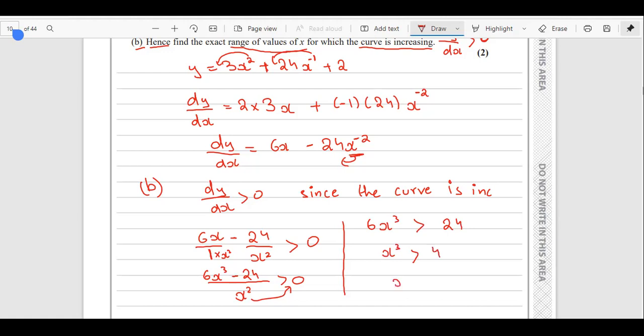And now in order to get rid of this cube, I need to take cube root on both sides. So this would be x is greater than cube root of 4, right? So this is the answer. Yeah. So have you understood this question?